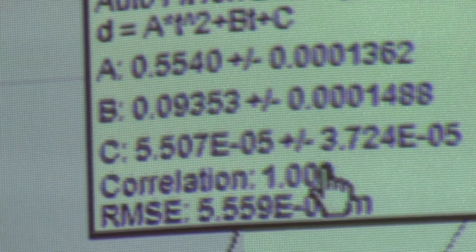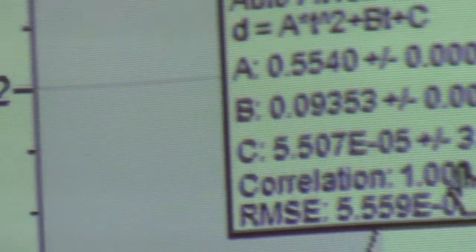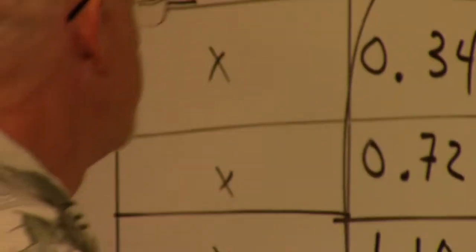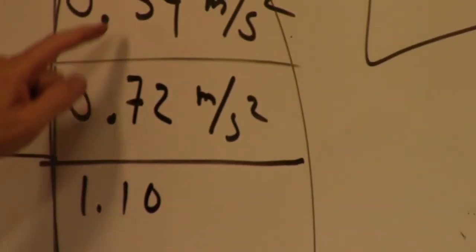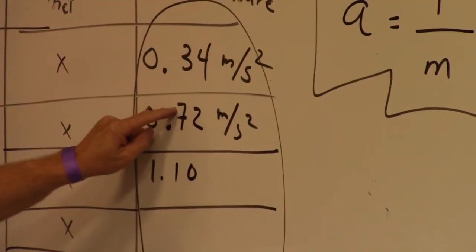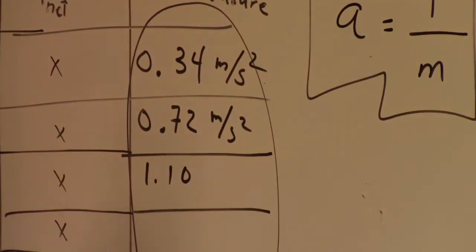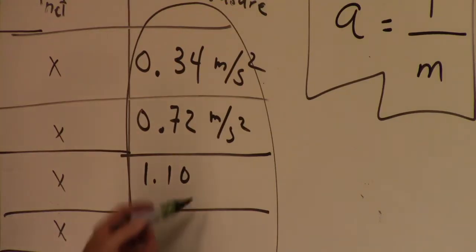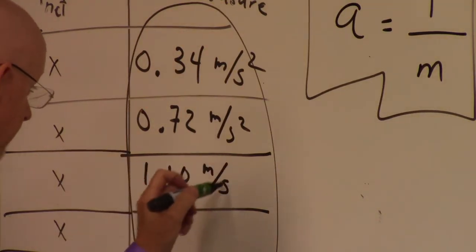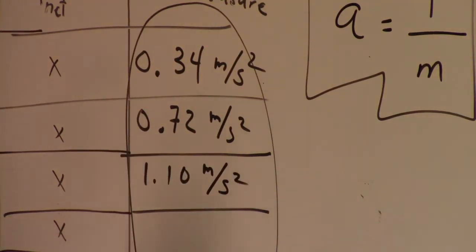But 55 twice is 110. So let's see, if I call that a 35, if I double it, that would be 70. If I triple it, that would be 105. So yeah, we're on pattern. And then of course the units are meters per second squared.